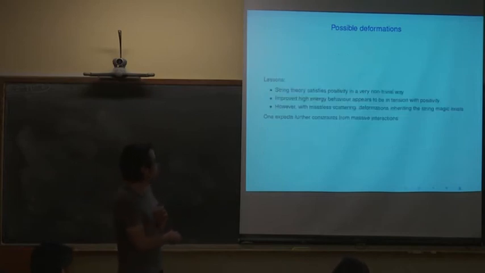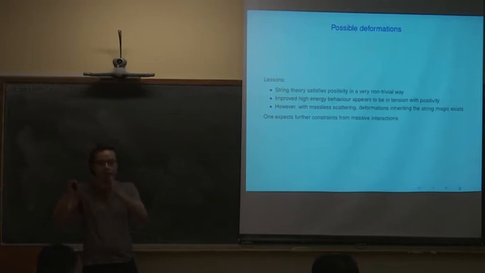So the lesson that we learned so far is that string theory satisfies positivity in a very non-trivial way. And the reason that it's very non-trivial to find a solution is basically that improved high energy behavior appears to be in tension with positivity. What does that mean? Remember that we have this numerator on top that must satisfy the double pole relation, right?